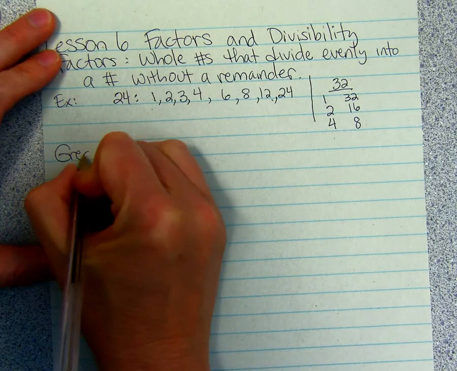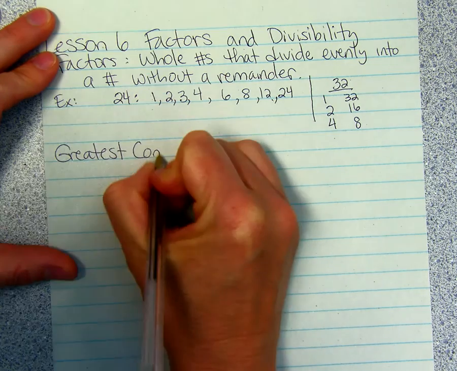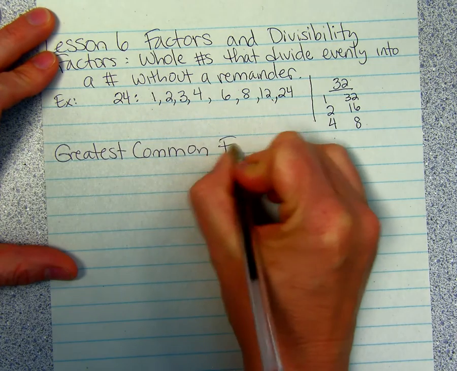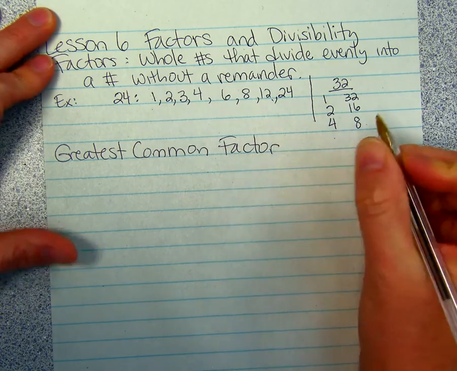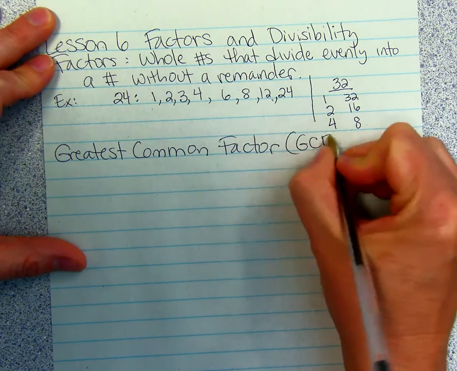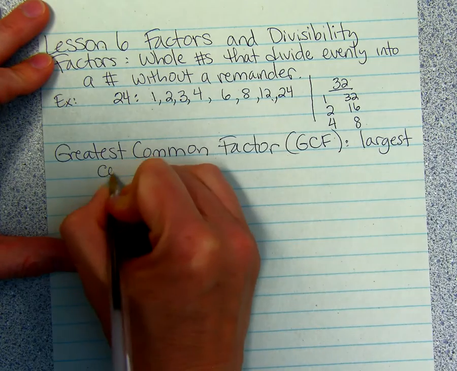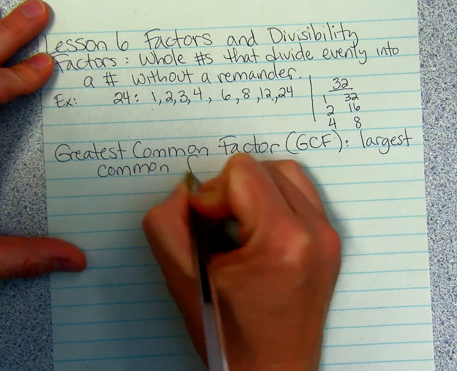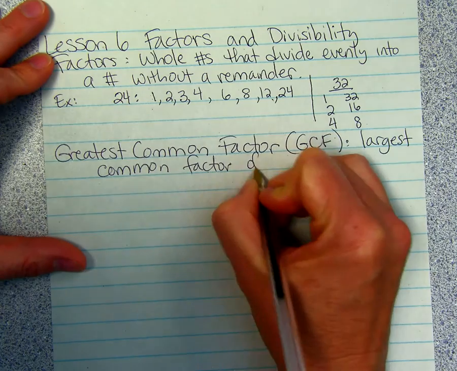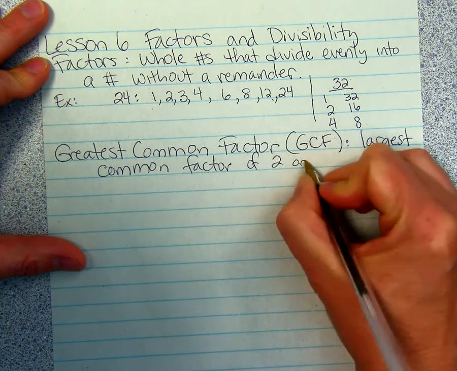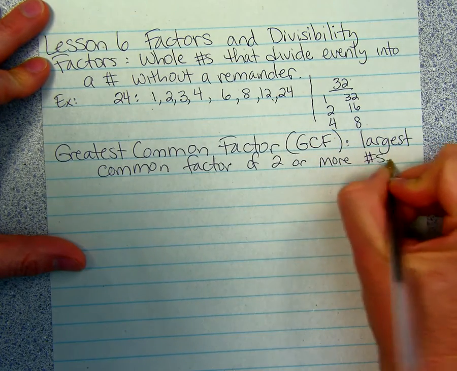The greatest common factor, sometimes we call it the GCF, is just the largest common factor of 2 or more numbers.